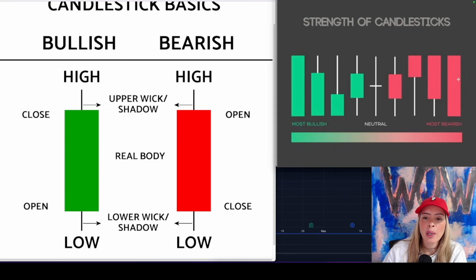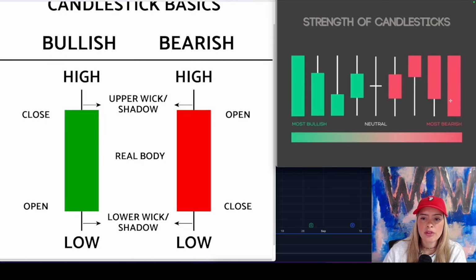So when you have big full candlesticks like this one here, this red is bearish and this green one is bullish, it means on the green ones the bullish move is very strong, high volume, and most likely you're gonna have continuation to the bullish side, to the upside.